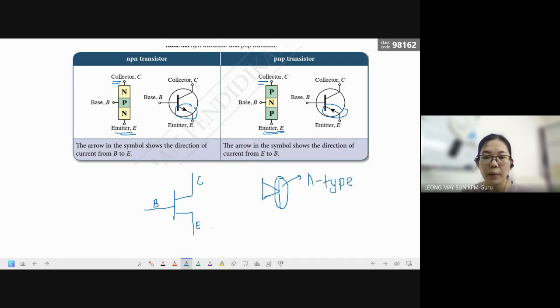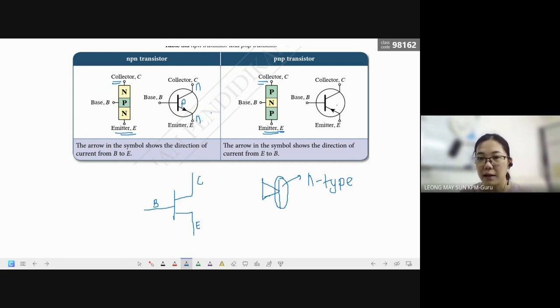Now when we look into transistor, it has three parts, three semiconductors over there. So using the concept that the arrow always points to the negative, this arrow is pointing towards the emitter, which means this is N type of semiconductor. So if the bottom at the emitter is N type, then this is an NPN transistor.